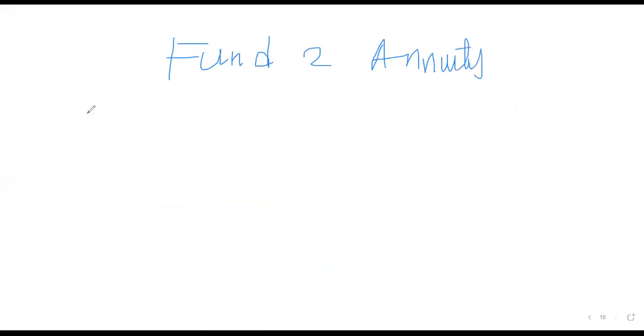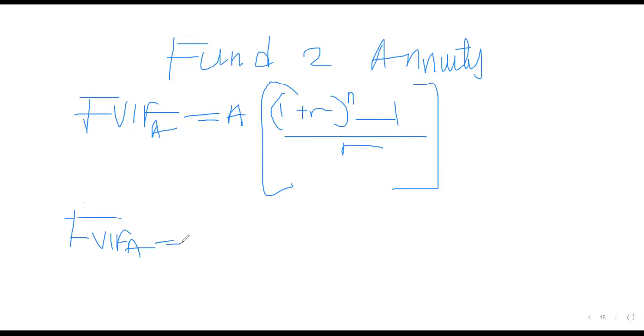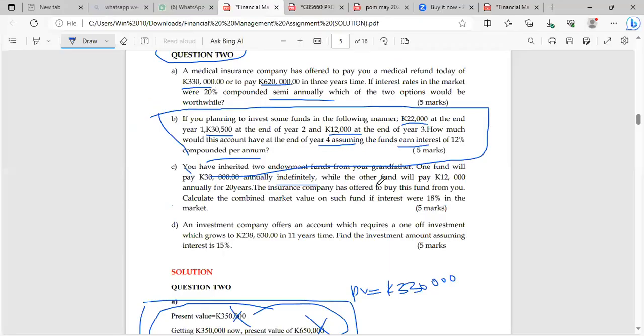So we use the future value interest factor annuity, because you want to find how much you have. It's amount times 1 plus r to the power n minus 1, over r. It pays us 12,000 annually for 20 years.